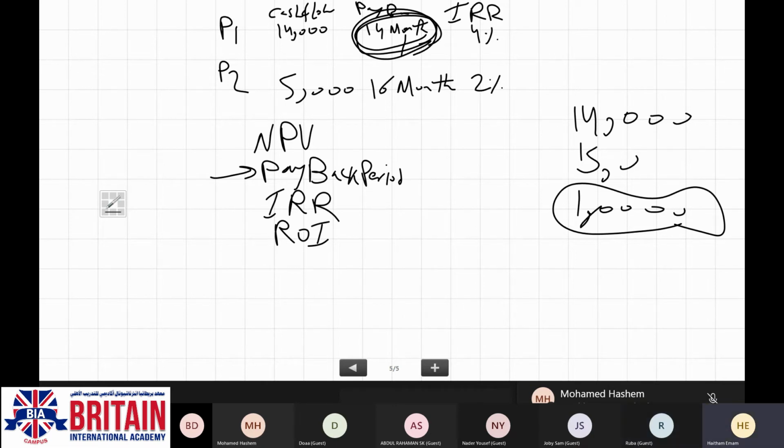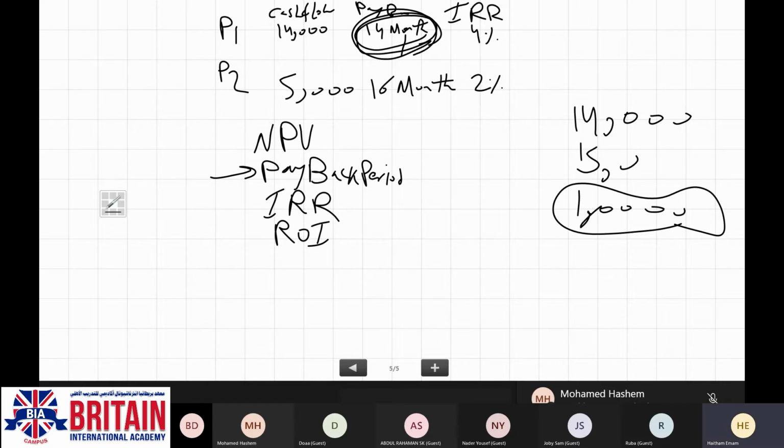So when it is a shorter period, it will be much better, right? Yeah, sooner is better. That's why I looked at the payback period. Okay. When you compare two projects only on the payback period, you are going to select the project which has the shorter payback period.